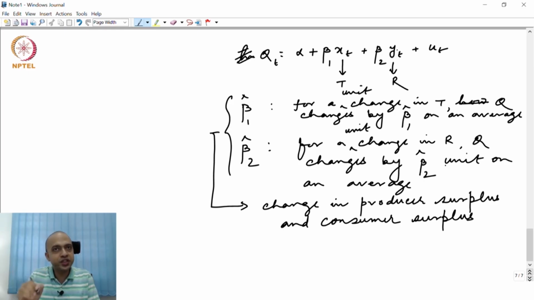Then we will estimate this equation using proper econometric methods, and the estimated coefficient will be treated as a response function. That means when environmental quality changes, how it impacts output, and that will get reflected in consumer and producer surplus, and the summation of consumer and producer surplus will then be treated as the economic value of the environment.